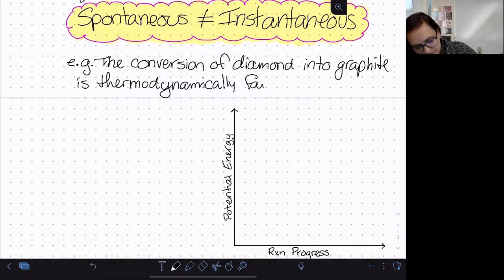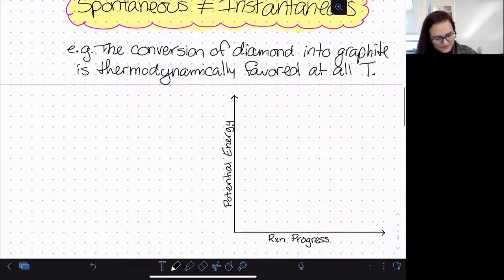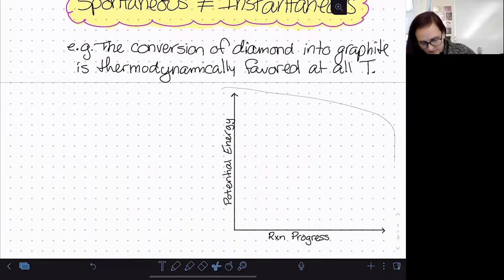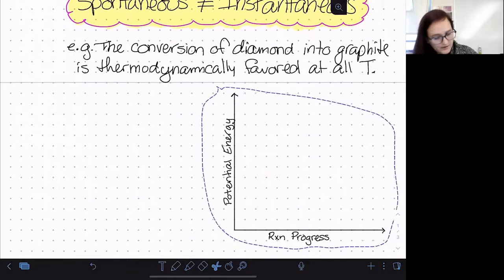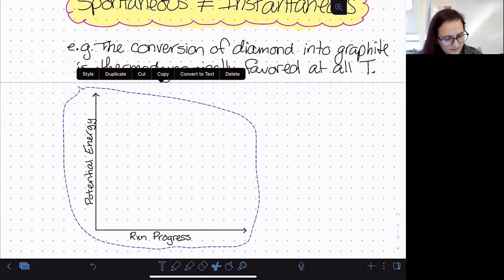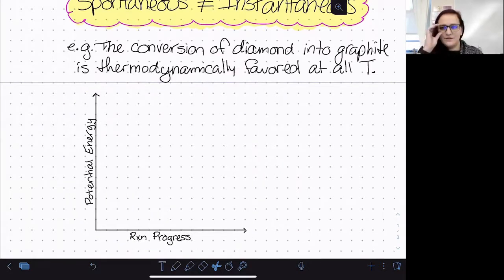So it is thermodynamically favored at all temperatures, but as jewelry commercials like to tell us, diamonds are forever. Graphite is just the stuff in your pencil leads. They're both forms of carbon, but they are different three-dimensional bonding structures of carbon.